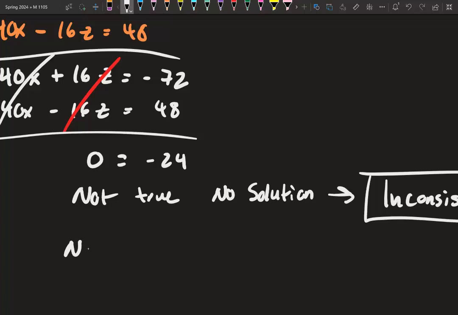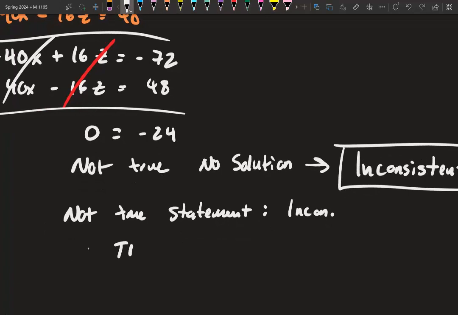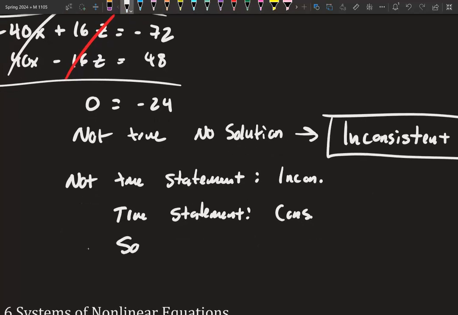So if you have a not true statement, like we do above, it's inconsistent. If you do have a true statement, it's going to be consistent. Meaning a true statement is you have the same number equals the same number.